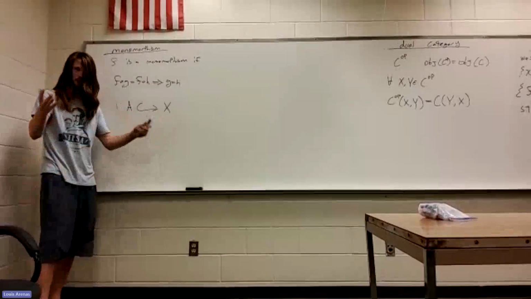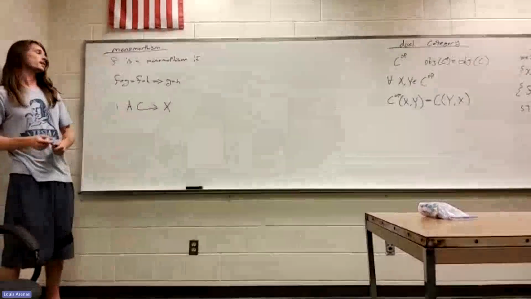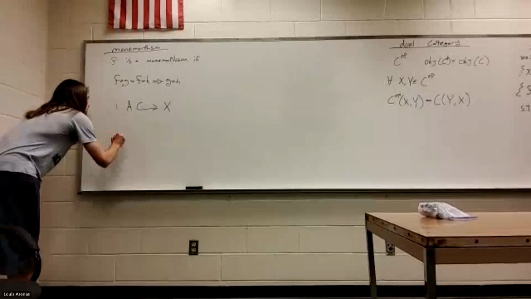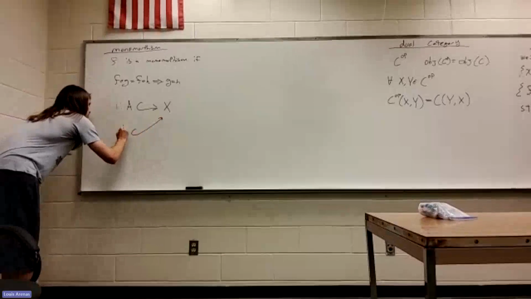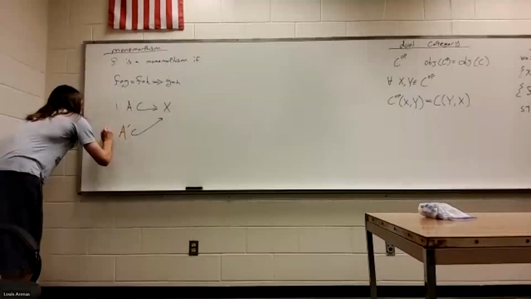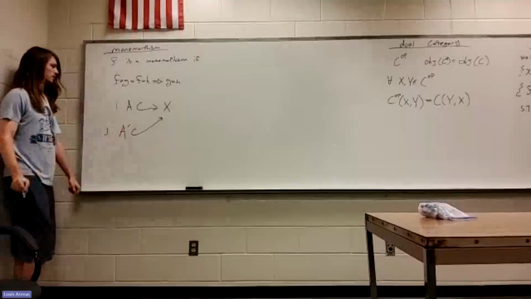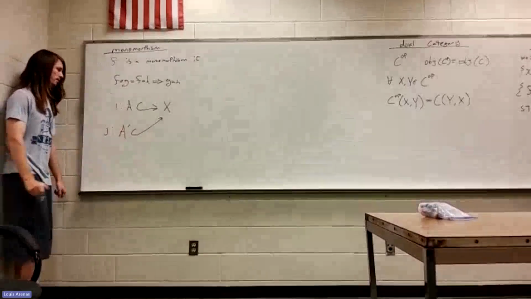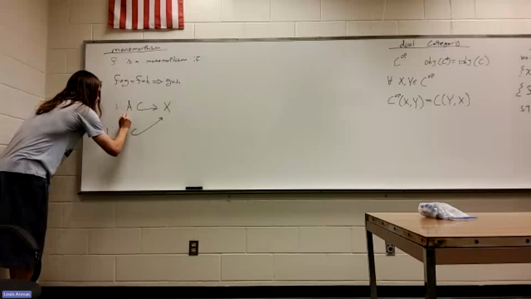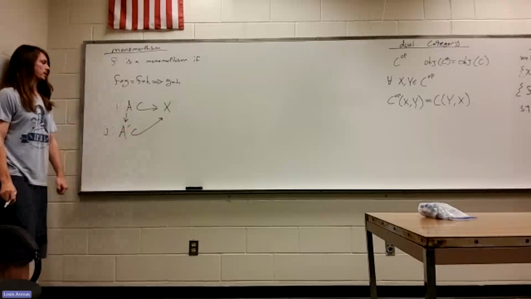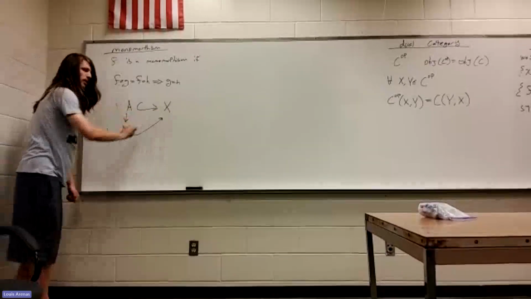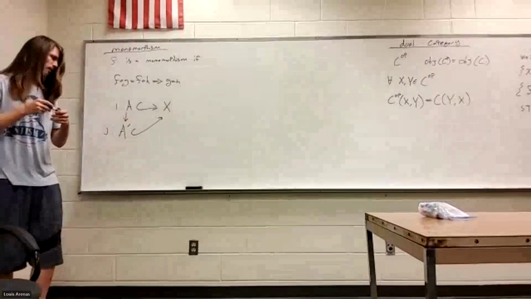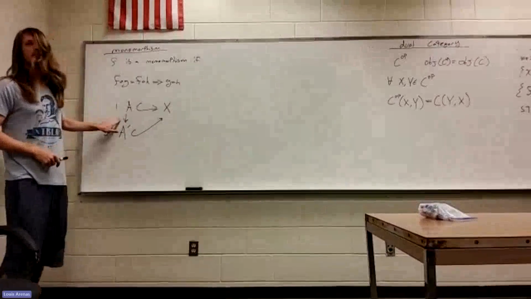So technically, a subobject A is really a collection of monomorphisms with the property that for any pair of them, there is going to be a map crossing this triangle to commute, which means that you go this way and this way. And this will be an isomorphism.